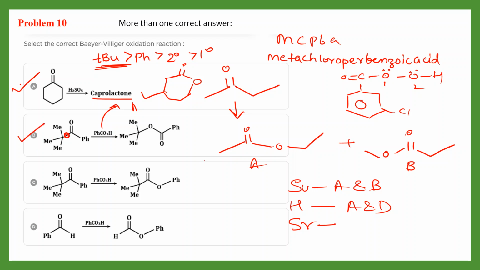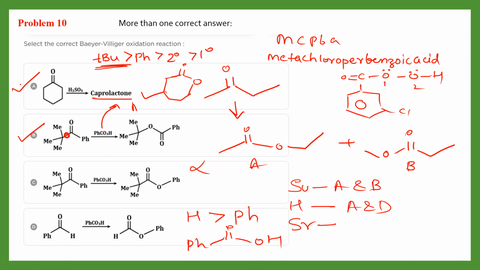Among these two options, this is wrong, and you should know among H and phenyl, H has better migratory aptitude. So it will form this. Students, aldehyde is more prone to oxidation. So correct answers are options A and B. Very good, Suman. And very good, Harshita.